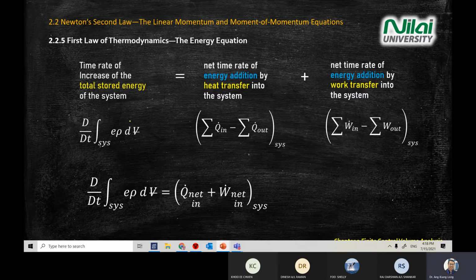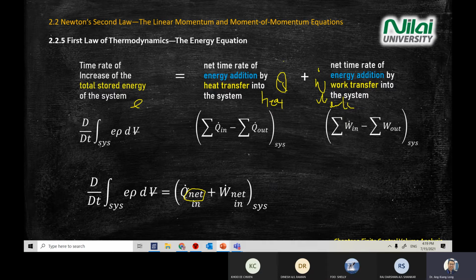In the mathematical dimension, when you combine the E, the heat Q, and the work W, you can write your equation as Q plus W in the system. With the word net, it means you have already calculated the differences of Q and the differences of your work.